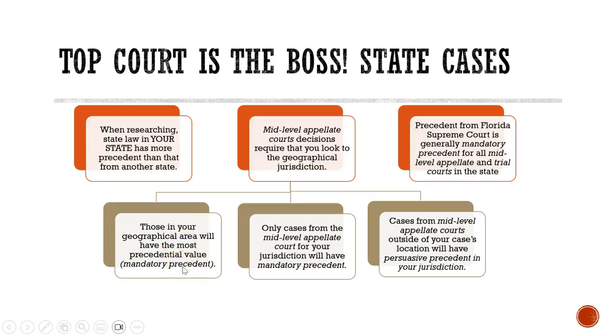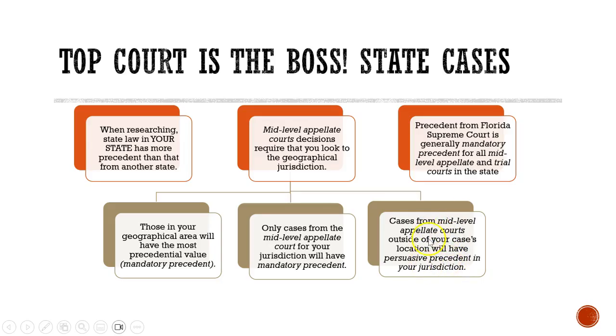The closer you get to home, to your location, the more the mandatory precedent will emerge from it. Only cases from the mid-level appellate court for your jurisdiction will have mandatory precedent. And cases from mid-level appellate courts outside of your case's location will have persuasive precedent in your jurisdiction.